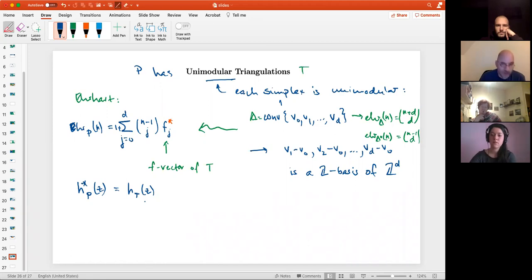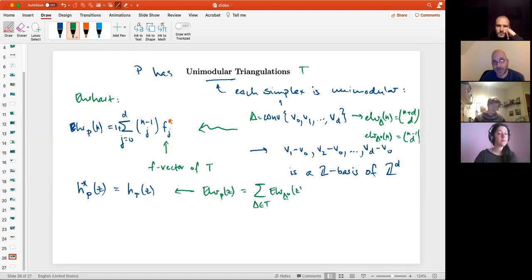So this is not much harder than what I wrote down here. This is really looking at the Ehrhart series, and the fact that you can write the Ehrhart series as the sum of the Ehrhart series of the open simplices in your triangulation.